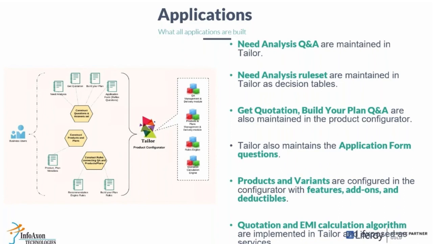In addition, Tailor also exposes a premium calculation service, which uses the backend data to calculate the premium, GST, quotations, etc., and exposes the whole calculation as a service, which the front-end applications can use and just show the calculated premiums in different channels. On top of that, each of these functionalities is configurable using the Tailor UI, and can be managed by your product team or the business team without any technical knowledge or any technical dependency.